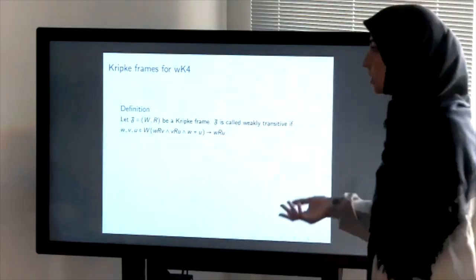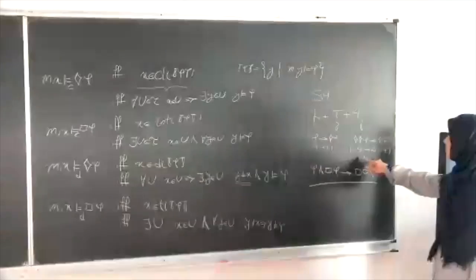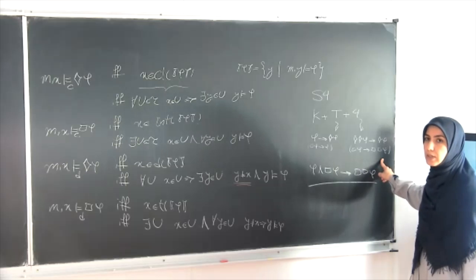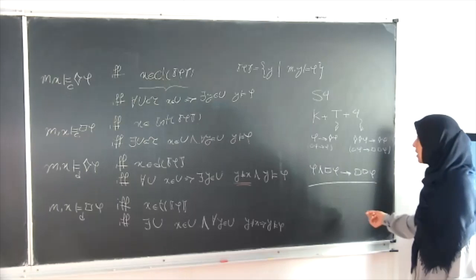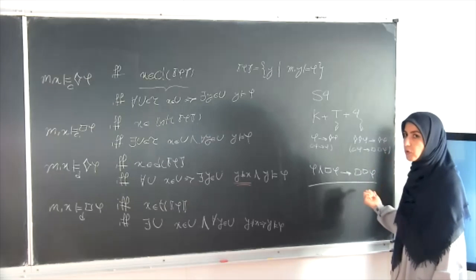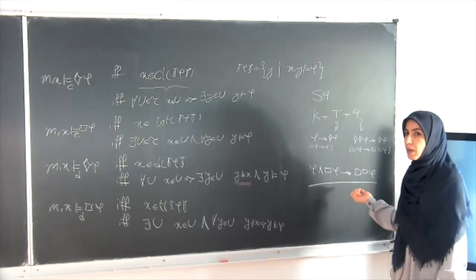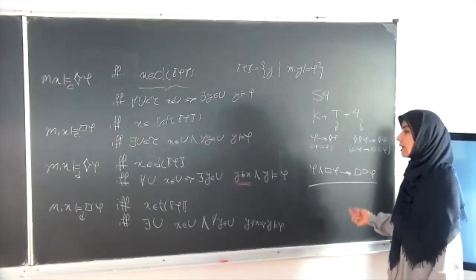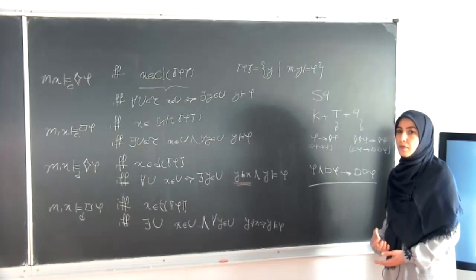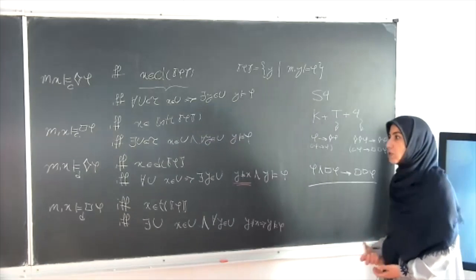So as we said, axiom 4 is valid in the class of Kripke frames where the relation is transitive. This axiom is weaker than axiom 4, and if we check, we can see that this axiom is valid in the class of Kripke frames where the relation is weakly transitive.